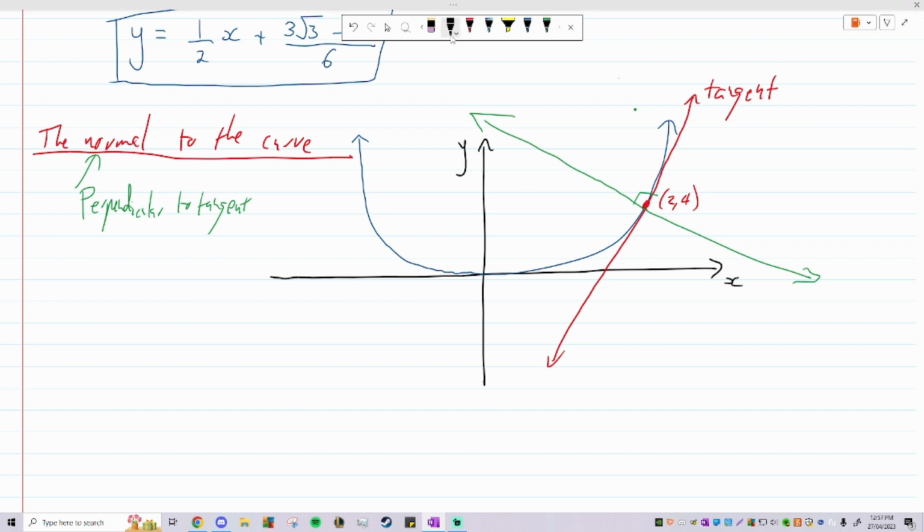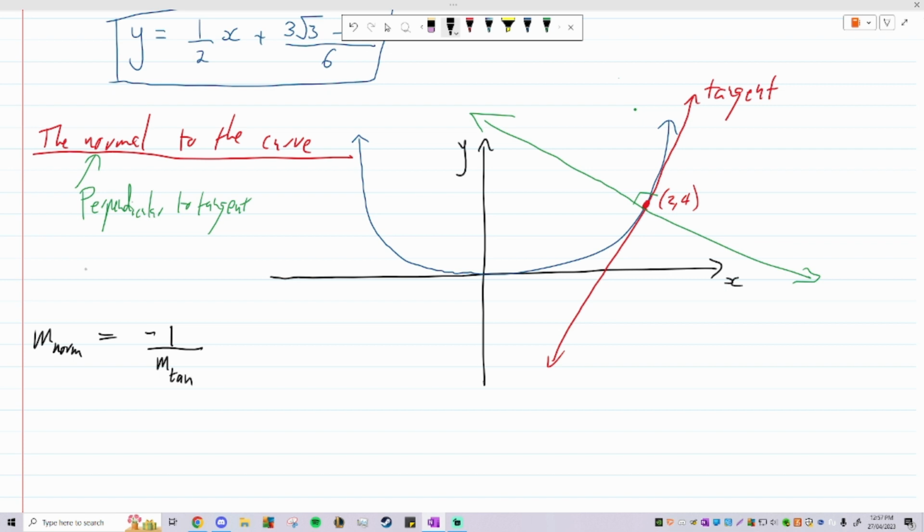If we remember back to, I think, chapter 1 or chapter 2, when we were looking at perpendicular lines and straight lines, we know that m normal, or m perpendicular, is equal to -1 over m original, or m tangent.